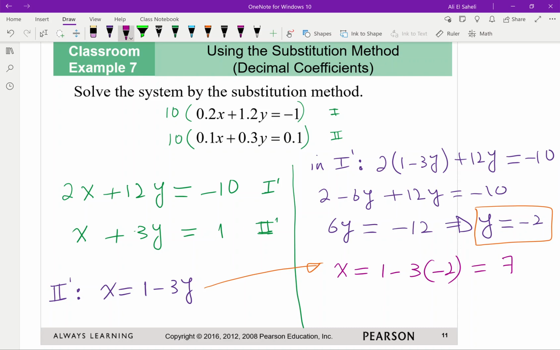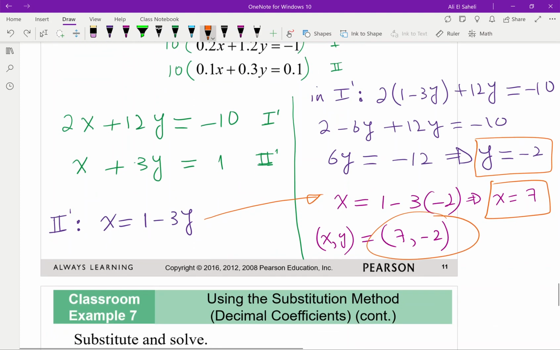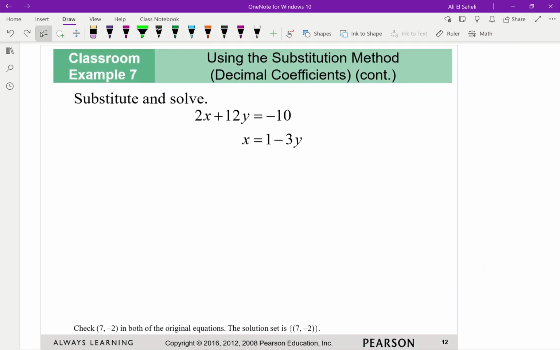So the solution pair is x is 7, y is minus 2. This is the solution. This is the ordered pair that is a solution to this system. Okay, we already did that.